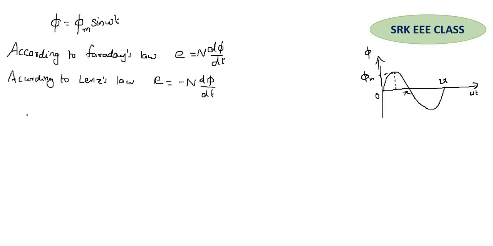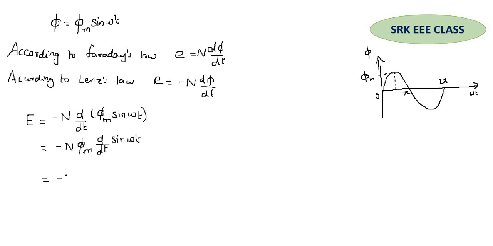So we can write E is equal to minus n into d by dt of phi, and we know that phi is phi m sin omega t. This becomes minus n into phi m, which is a constant, so phi m comes out common, into d by dt of sin omega t.